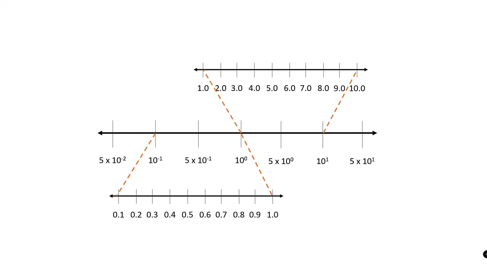Here we've zoomed into a different part of the number line, from 0.1 to 1. This number is written in scientific notation, and we can see the different components of a floating point number. There's a significand, a base, in this case 10, and an exponent, in this case 3.